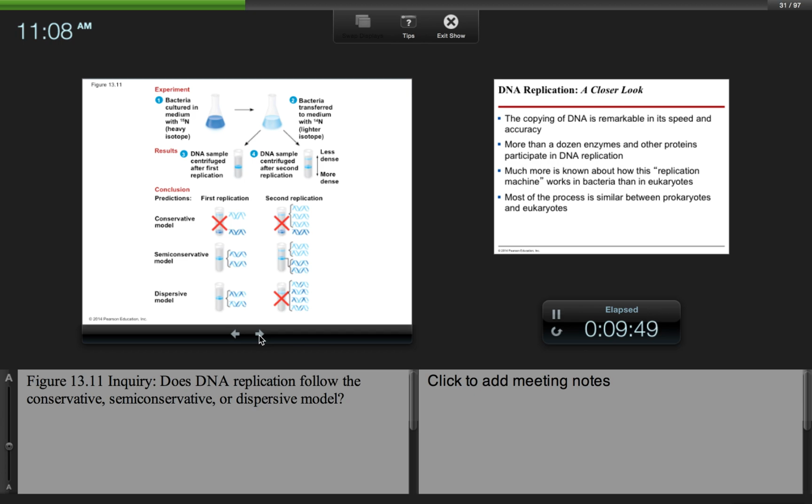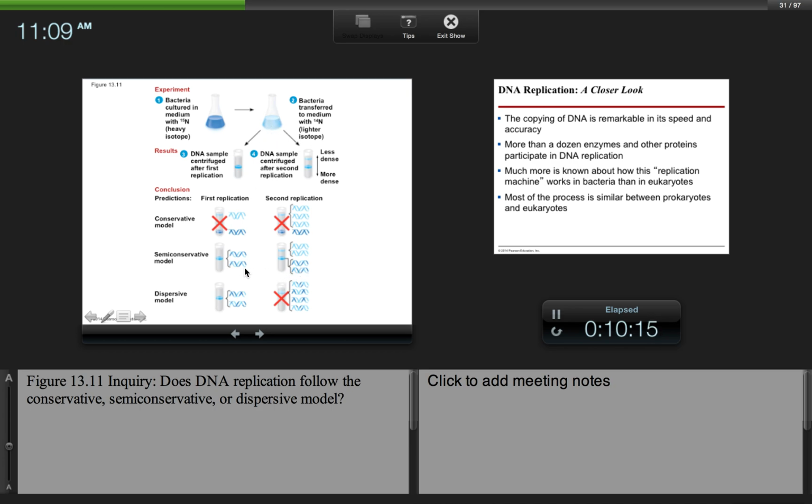So what happened after the first round of cell division, they ended up with this band right here, okay? Because if we look here, this is the semi-conservative model. After one round of cell division, you'll have DNA that is half heavy nitrogen, the parental strand, and half light nitrogen, which was what the bacteria was transferred to.